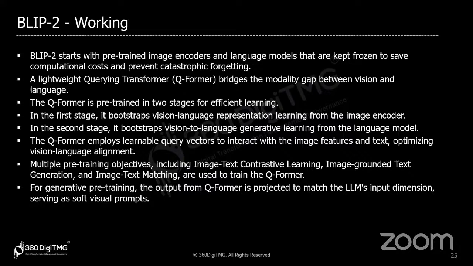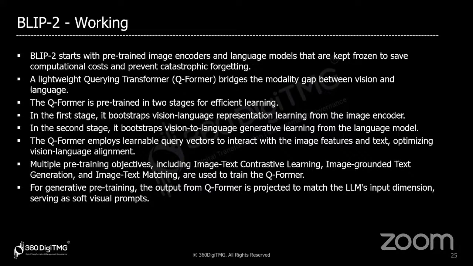This Q-Former is pre-trained in two stages for efficient learning. The first stage bootstraps vision-language representation learning from the image encoders, just like what we have seen in CLIP. It is also multimodal. And the second stage is vision-to-language generative learning from the language models.